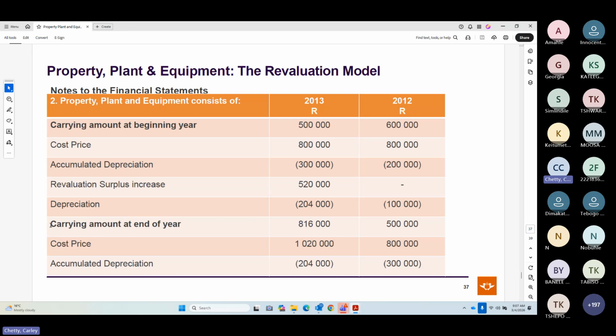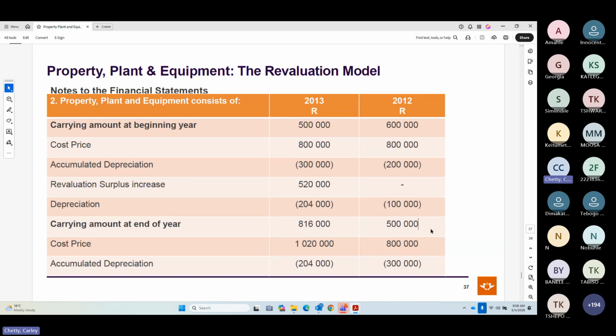That line item in the statement of financial position comes from the closing carrying amount at the end of the year. So we have the cost price, which was given to us as 800,000, minus the accumulated depreciation for 2010 and 2011. And that gave us an opening carrying amount of 600,000. Then we had depreciation for 2012 in the current year.